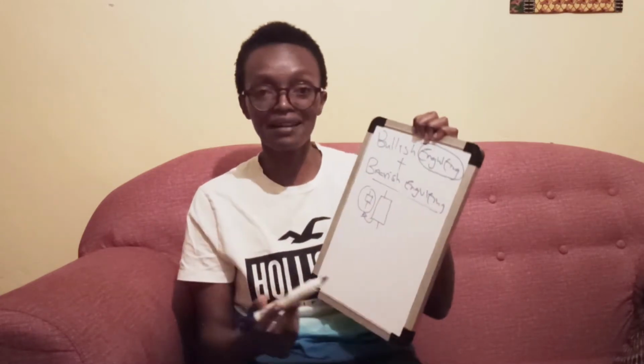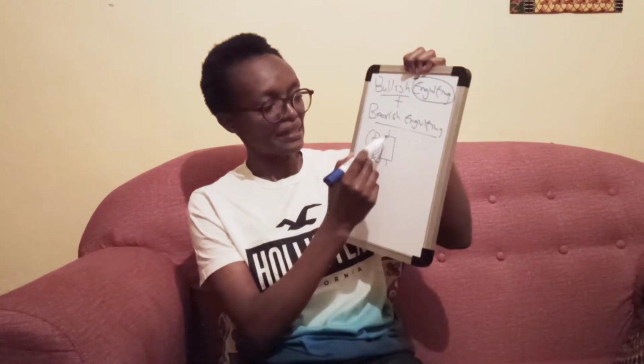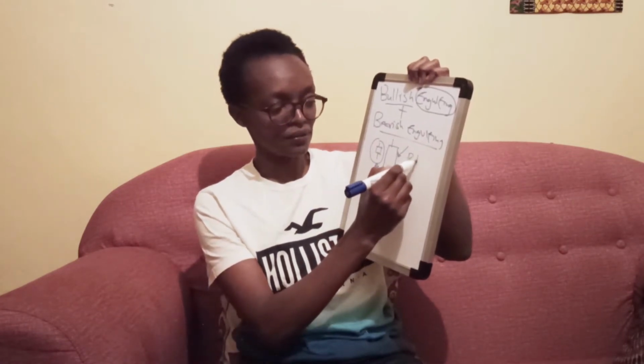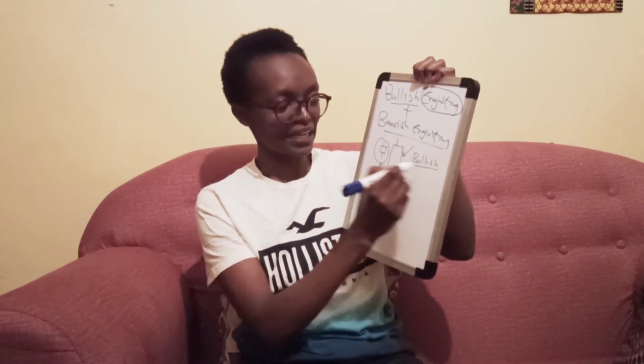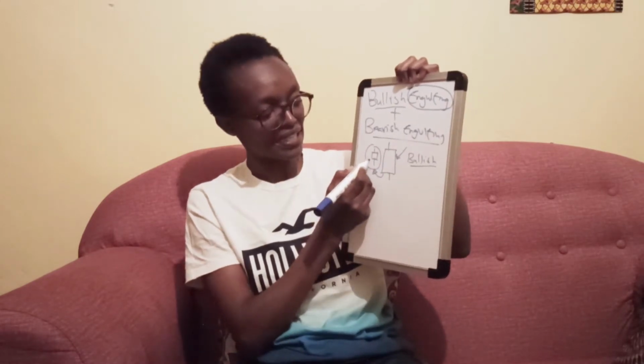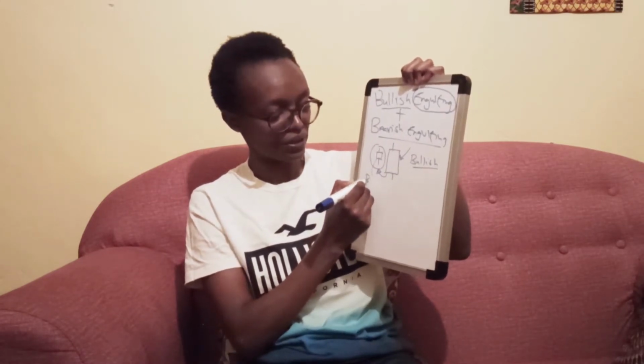When it comes to a bullish engulfing candlestick pattern, the candlestick that's doing the engulfing, meaning this large candlestick here, is a bullish candle. So we have a bullish candle that comes after a small bearish candle.